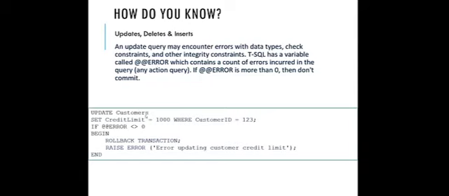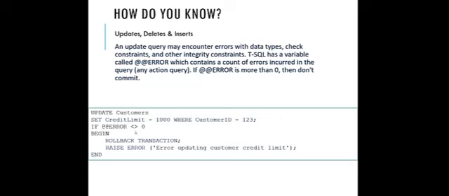In this example, we're trying to update a customer's credit limit. And if there is an error, let's say the error is there is a check constraint that credit limit has to be greater than $5,000, for example. Well, in this case, that would throw an error because credit limit is being assigned the value of $1,000.